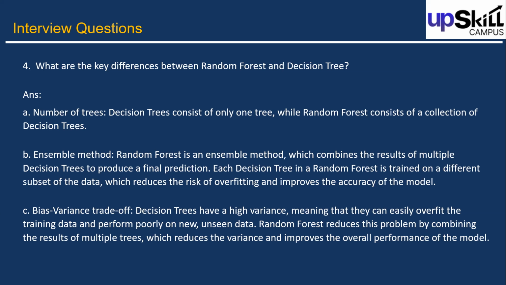If you say bagging, just remember to say that separate samples of data go into each tree. That is why it is non-biased. If everyone gets the same samples, everyone will say, this is best, this is best. But you should give different samples of data to each tree. Then you will get multiple results, and it reduces variance and improves the overall performance of the model.